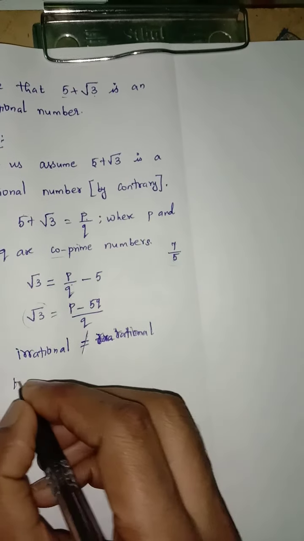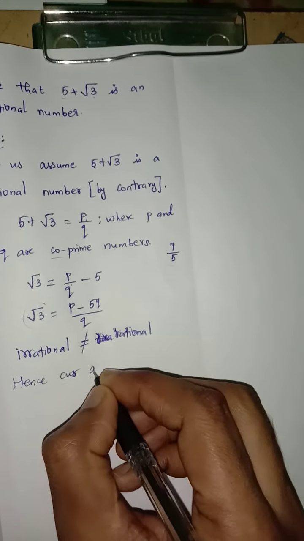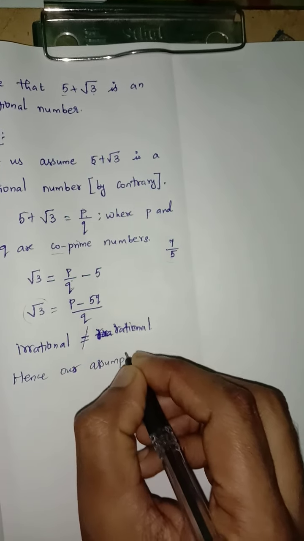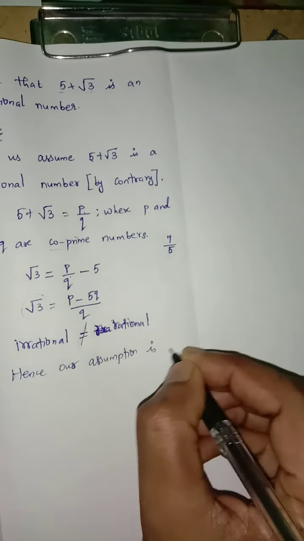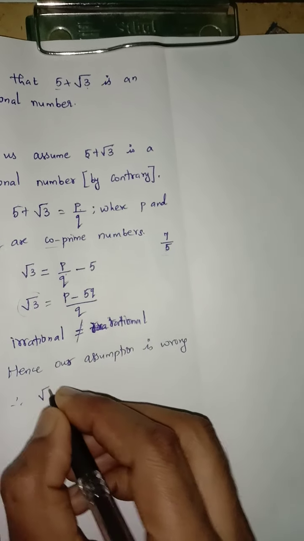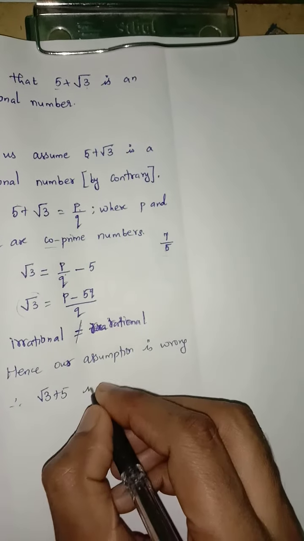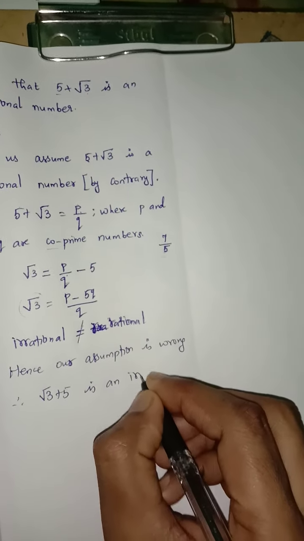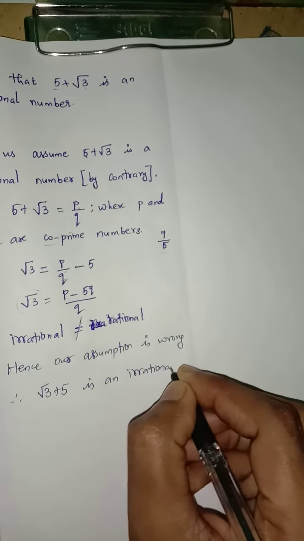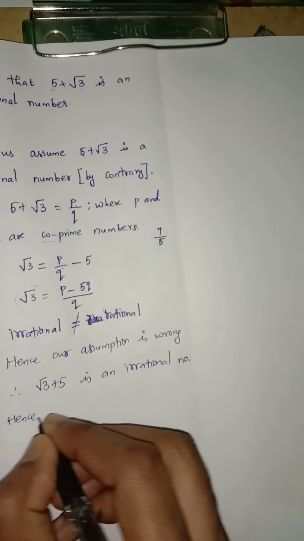Hence our assumption is wrong. Therefore square root 3 plus 5, or 5 plus square root 3, both are the same, is an irrational number, hence proved.